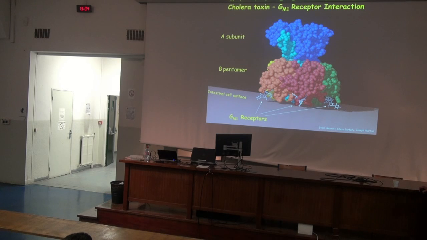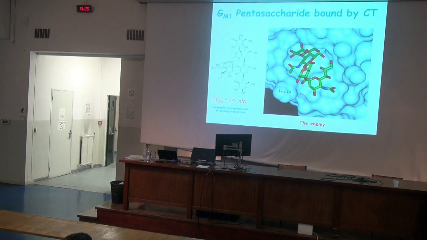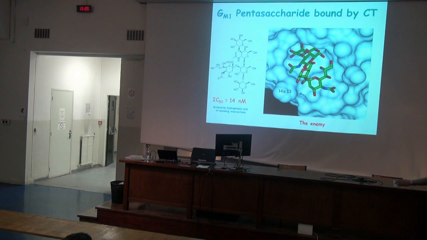So then many things happen, but we wish to block this interface, this interaction. And we have a very high resolution structure, and we see here a pocket with the pentasaccharide head group of the glycolipid precisely inside. Now, drug design is very often putting a group into a pocket.